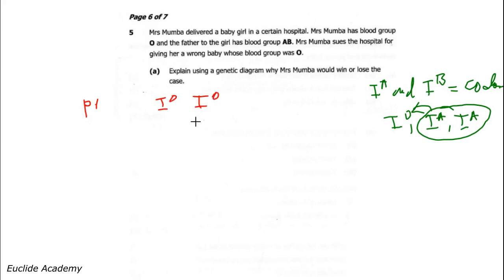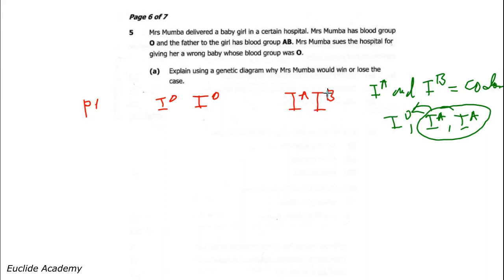So the parental phenotype, or P1, here we can see she's got OO, and I'll start with the gametes. So these are the gametes. This is what she has.